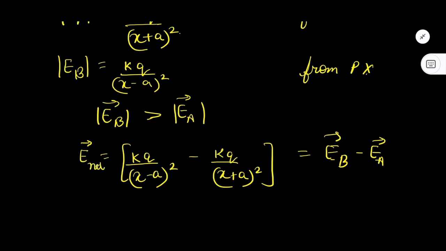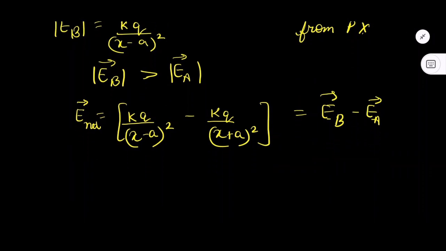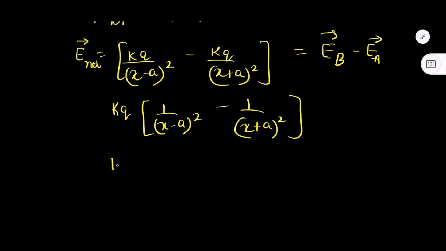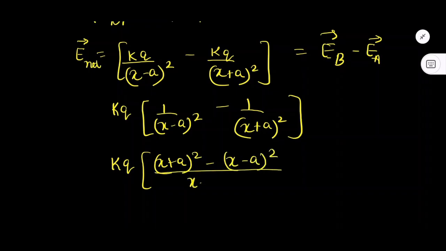Okay, so this is the net electric field. Now we need to solve it. Taking the LCM and taking kQ common, it will be 1 by (x minus a) the whole square minus 1 upon (x plus a) the whole square. Now take the LCM: kQ times (x plus a) the whole square minus (x minus a) the whole square upon (x minus a)(x plus a) the whole square.